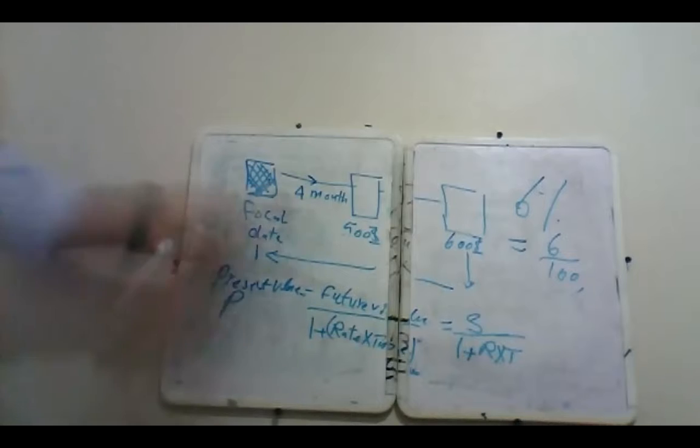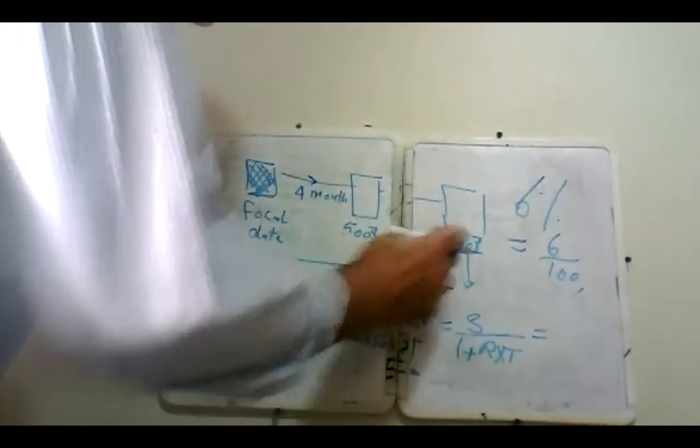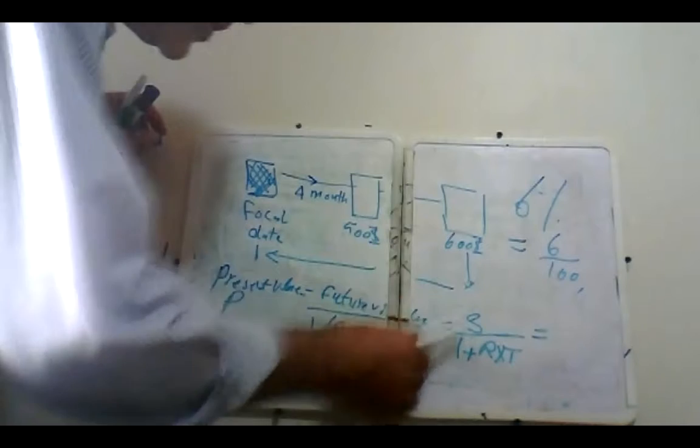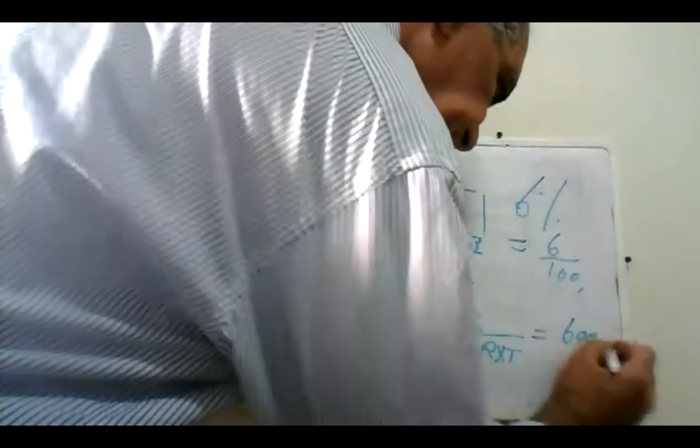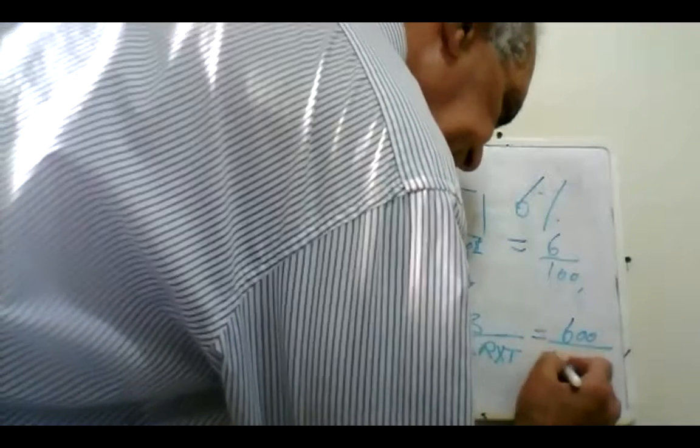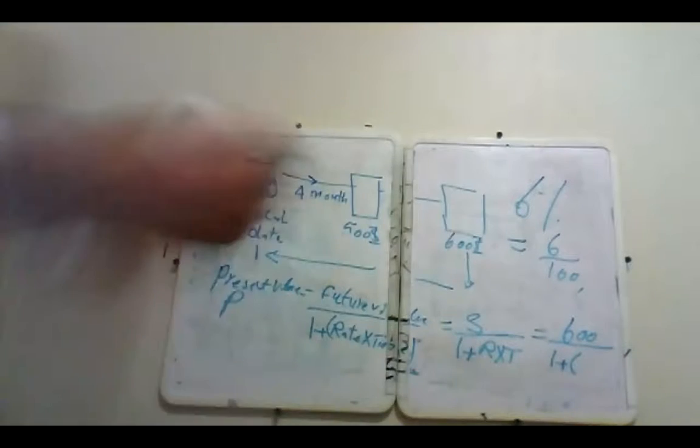So what I will do here is the same thing I did before. The future value is $600. So $600 divided by 1 plus the rate, the same rate, 0.06, which is 6%, times the time.